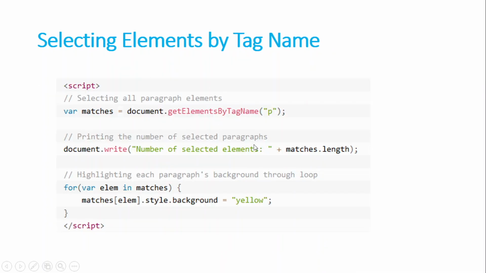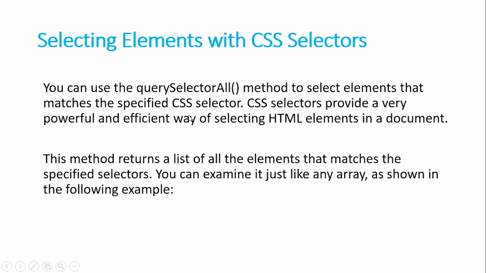Similarly, we can style it by using this for in loop. We can style the background or any kind of styling we can apply. So this is another way of selecting elements by their tag name. If you want to select the elements by their tag name, you can simply write the tag name here and use this method getElementsByTagName.